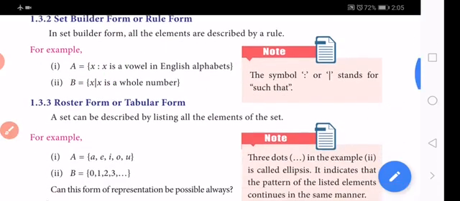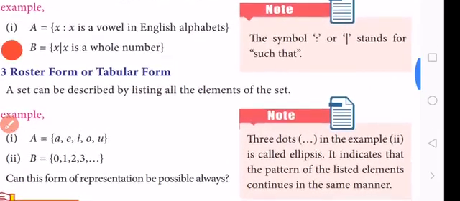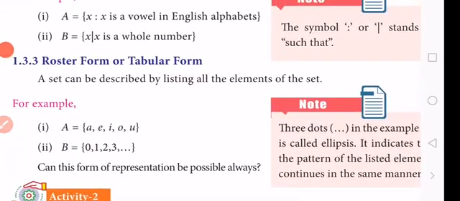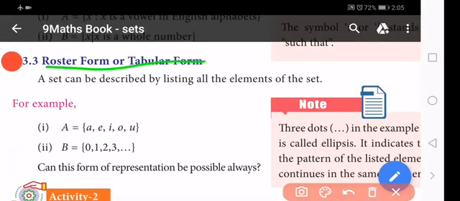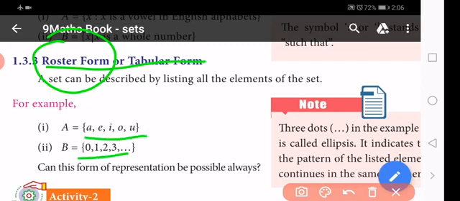And the third one, roster or tabular form. This is a very important form, because all the sums we use are in roster form. In this form we write only elements. There is no sentence, no words used.